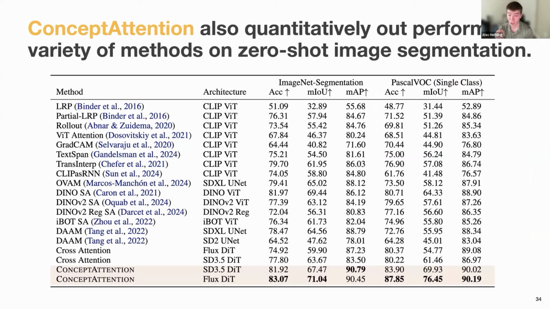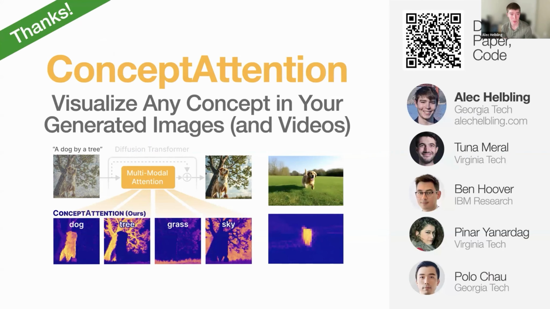Because like I said, you can take a real image and encode it into the model and create segmentation maps by thresholding the coefficients that we produce. And it does a lot better than a lot of existing approaches on commonly used benchmarks for investigating zero-shot interpretability methods. Yeah, and that's all I have here.